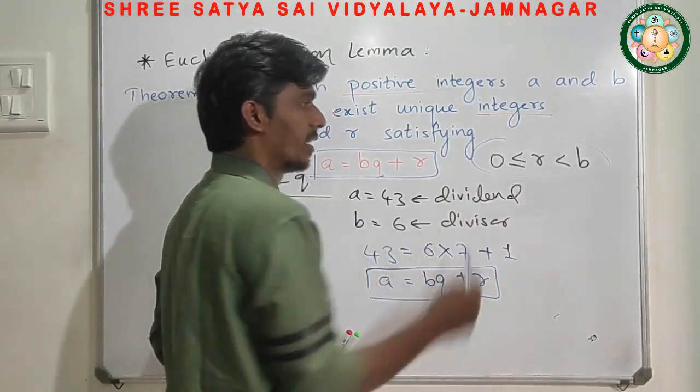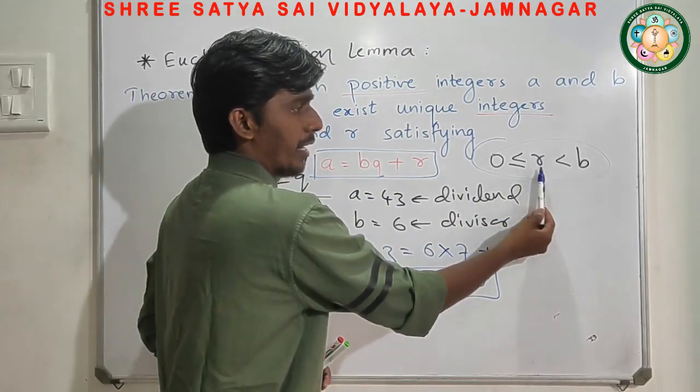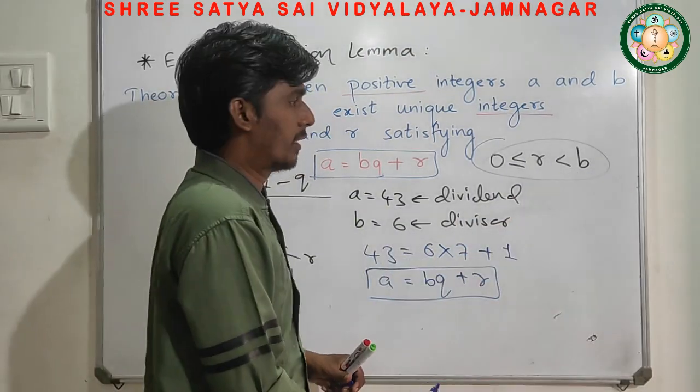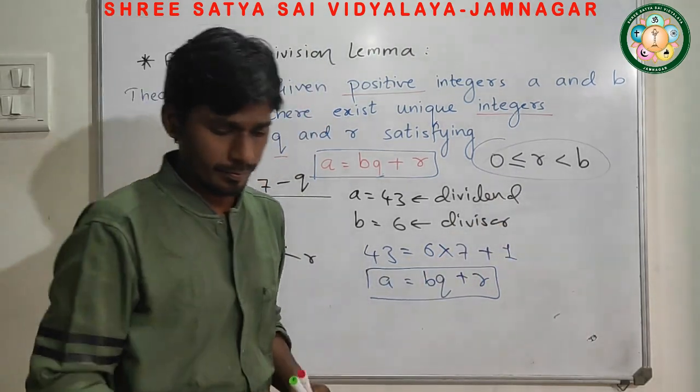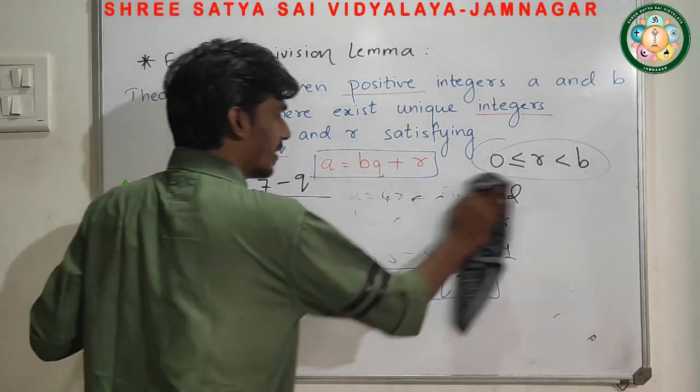Now let me show you the condition: the remainder is always smaller than the divisor, and it is greater than or equal to 0. Let me show you with an example.